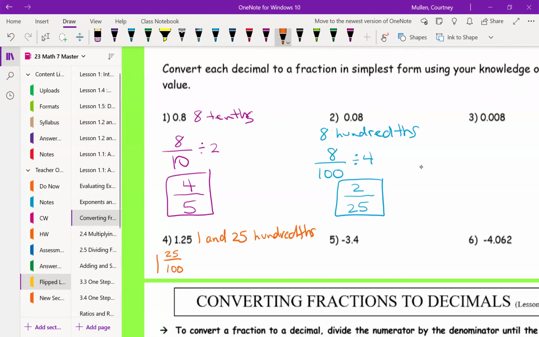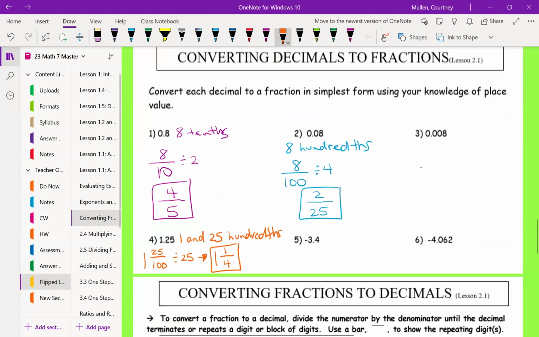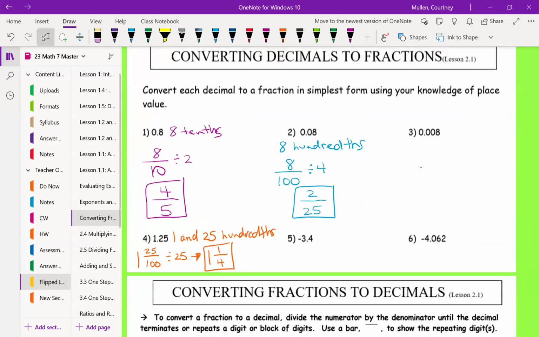Can we simplify that? Sure we can. We can divide by 25. What's 25 divided by 25? 1. And 100 divided by 25? 4. Exactly. You try number 5. We'll do number 6 together in class.